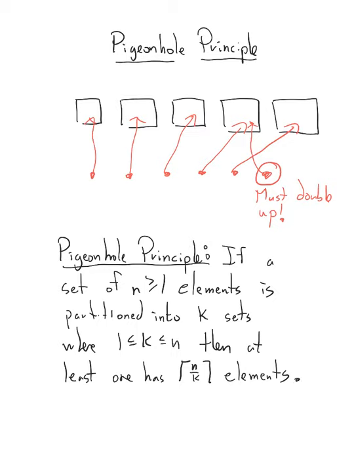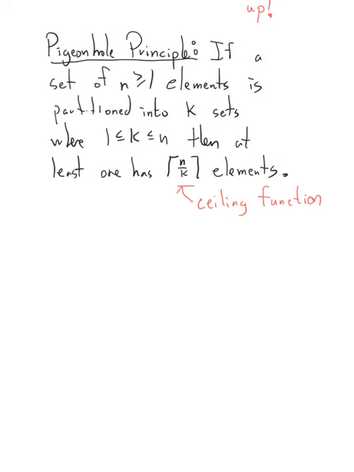And I'll explain this notation here. This is called the ceiling function. What the ceiling function says is that it takes any number you like and rounds it up to the nearest integer. So I'll just do an example or two.